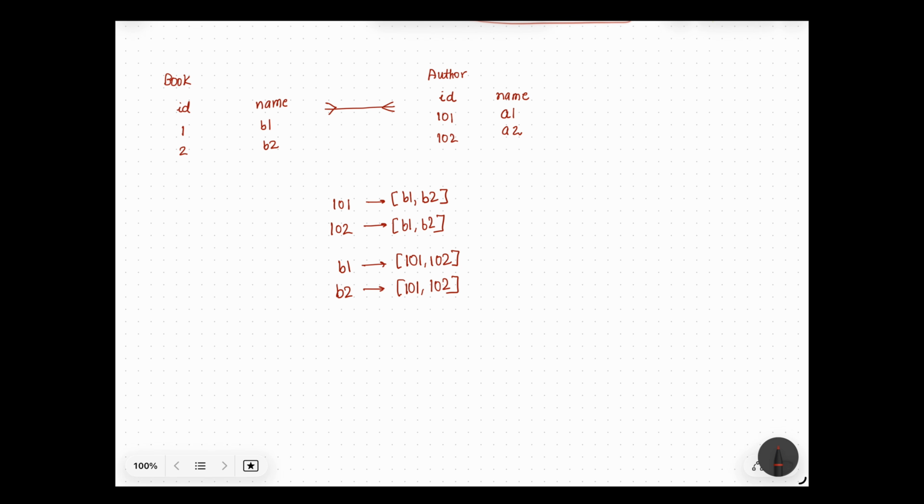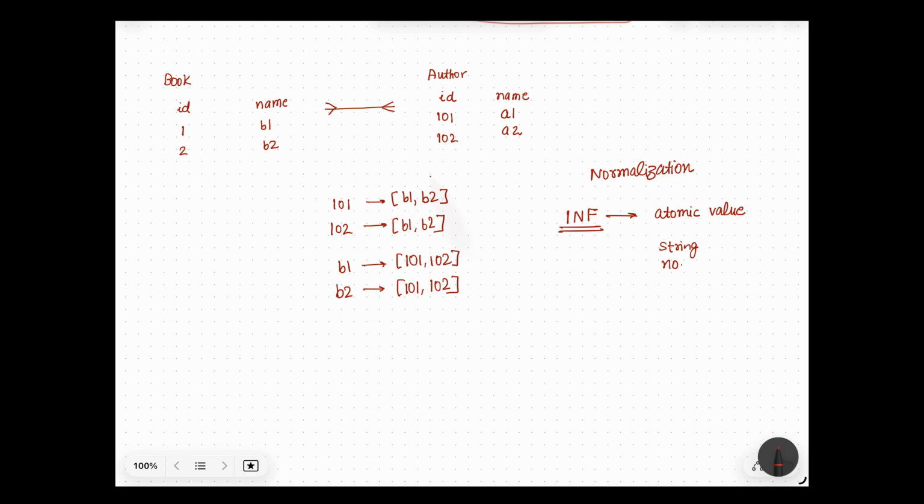The idea of normalization in databases is that we have a concept of 1NF, the first normal form, under which any column of the database will have an atomic value. No composite values are allowed. That means it can have any value like a string or a number, but it should not be composite.